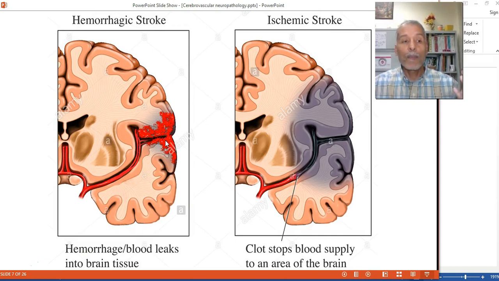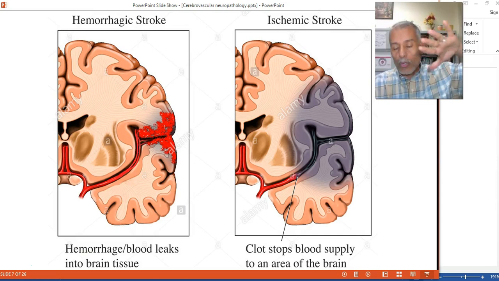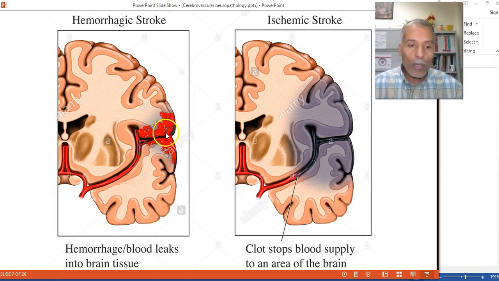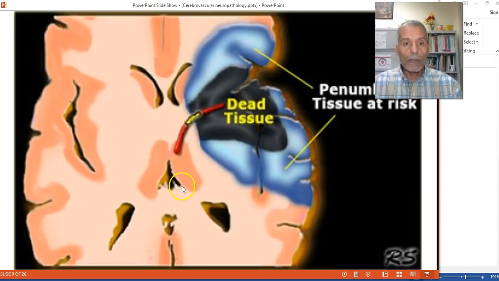At the same time, the pressure from the blood pooling, accumulating and increasing is going to cause shearing of axons and push axons and neural cells away from where they naturally are. So that is going to cause cell death, infarction.